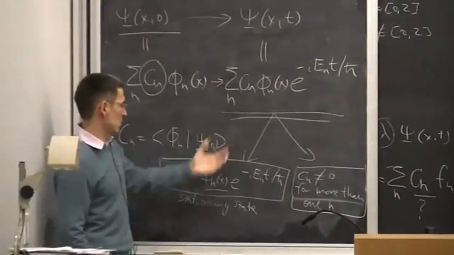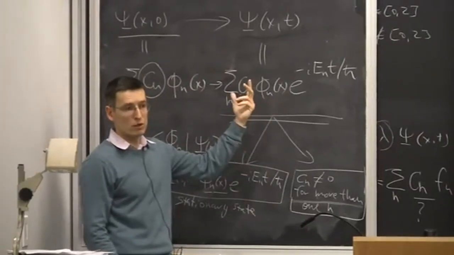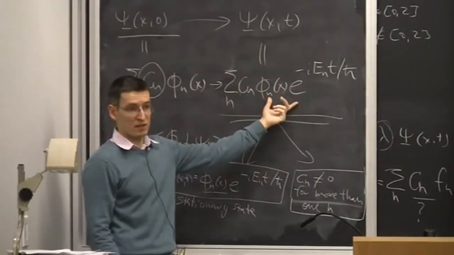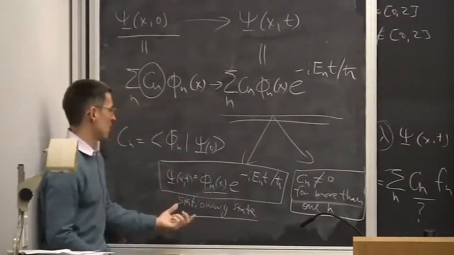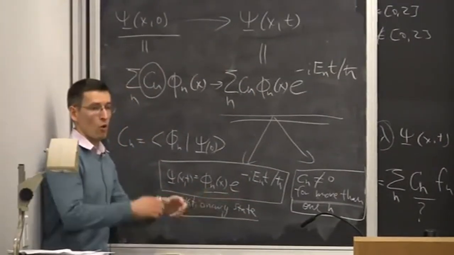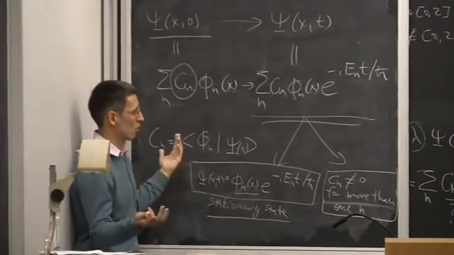That means we consider in this sum at least two terms present. In the stationary state, we consider only one product: only one coefficient is 1, the others are 0.